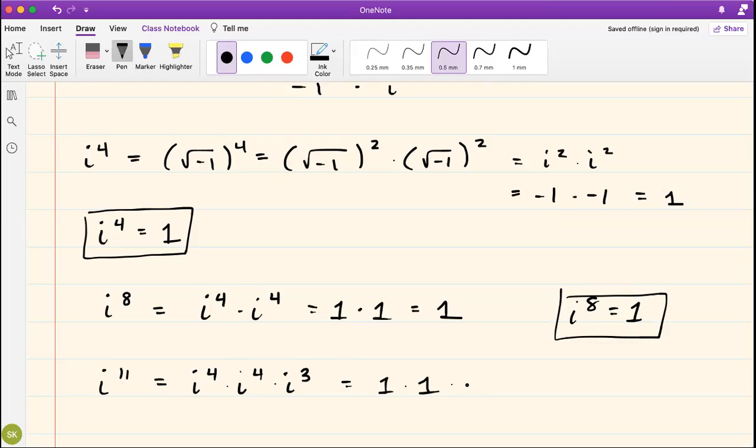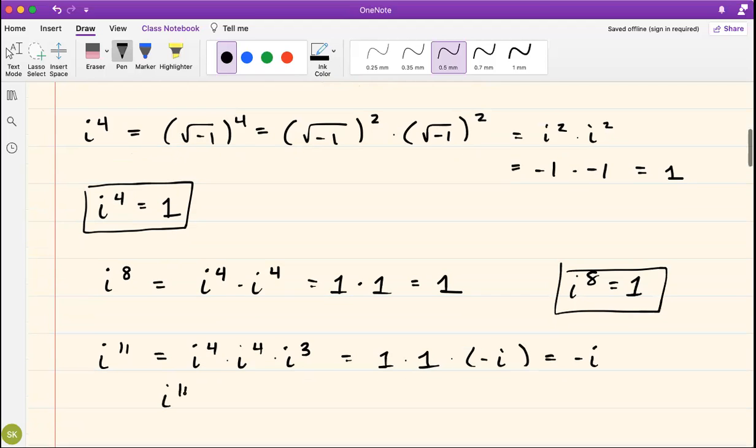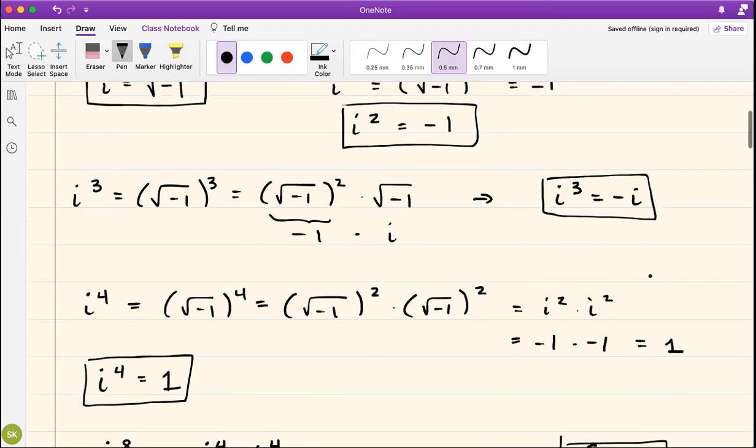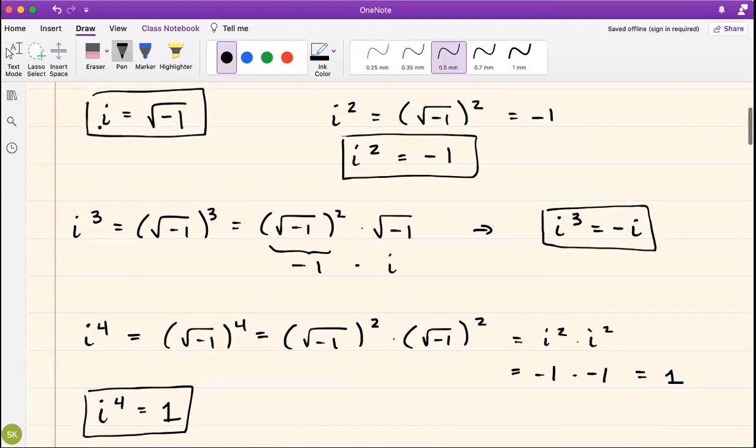And i cubed we know is -i. So then this is just -i. So any power you put on this i, if it's a big power, you can always reduce it to either 1, -i, -1, or just positive i.